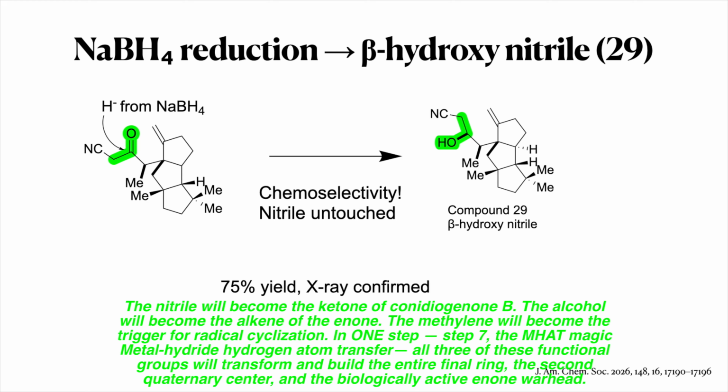The olefin will become the trigger for radical cyclization in one step. Step 7, the MHAT magic, metal hydride hydrogen atom transfer. All three of these functional groups will transform and build the entire final ring, the second quaternary center, and the biologically active enone warhead.